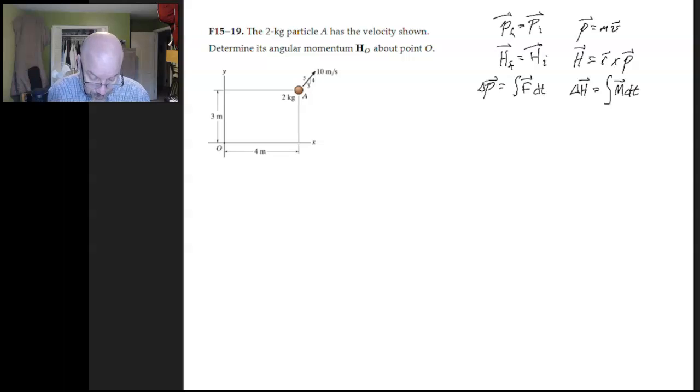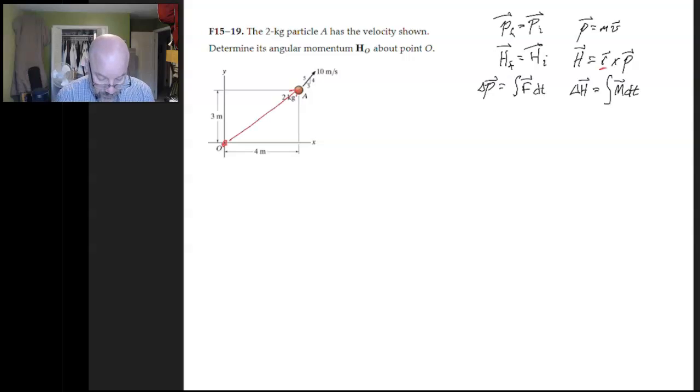We have this particle. Determine its angular momentum, bold H, about O. Bold H means it wants a vector. About O means that's going to be our location vector, so we have to have a location vector, R, going from here out to there.